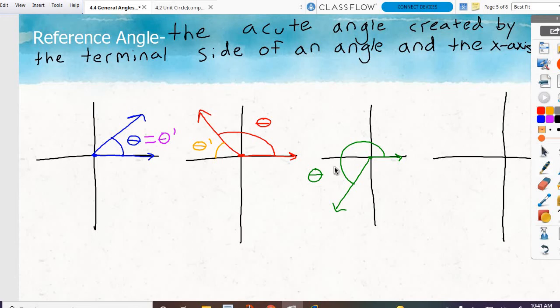So it's going to be basically this part right here. We okay with that? Because again, it has to go to our x-axis. So that's why we went up instead of over. And it has to be acute. So that's why we went to the negative x-axis instead of the positive x-axis.